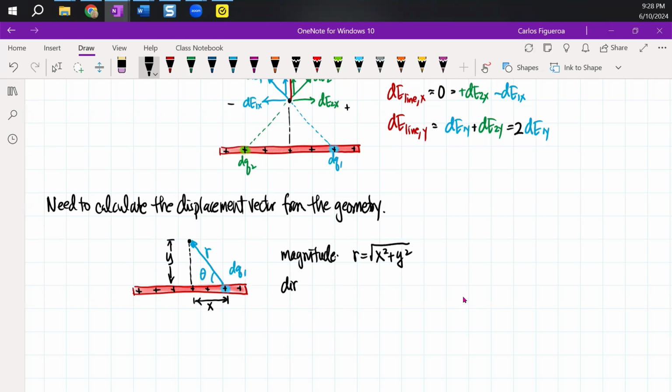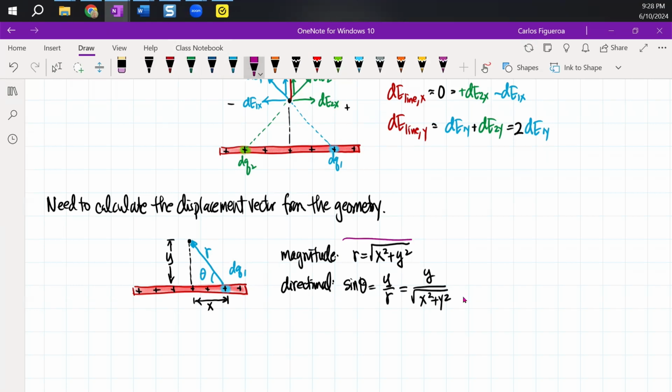Now, if I look at the directional, not the angle, we don't care about the angle. We care about, look at the theta here. If I look at the theta, we can see here that if I want the y component only, then I have to pick the opposite side. And the opposite side here is y over r, which is then, r, excuse me, the square root of x squared plus y squared, divided by y.